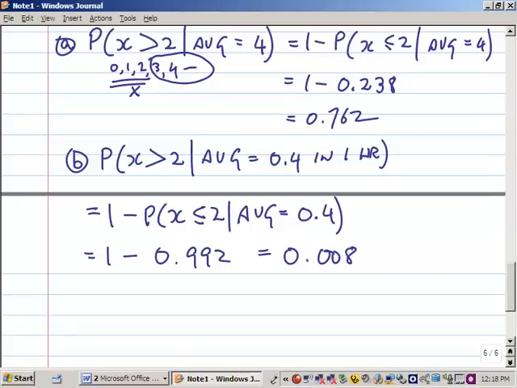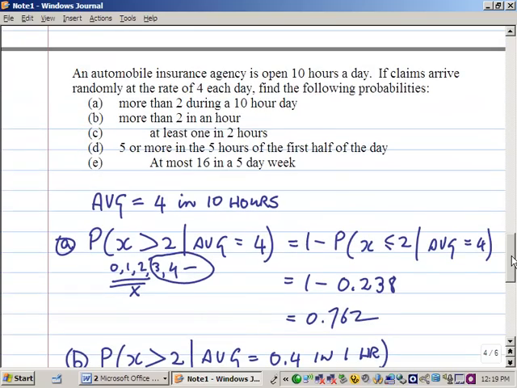So you see the probabilities change quite dramatically if you look at a 10-hour period versus a 1-hour period. Alright, that was part B. C, at least 1 in 2 hours.